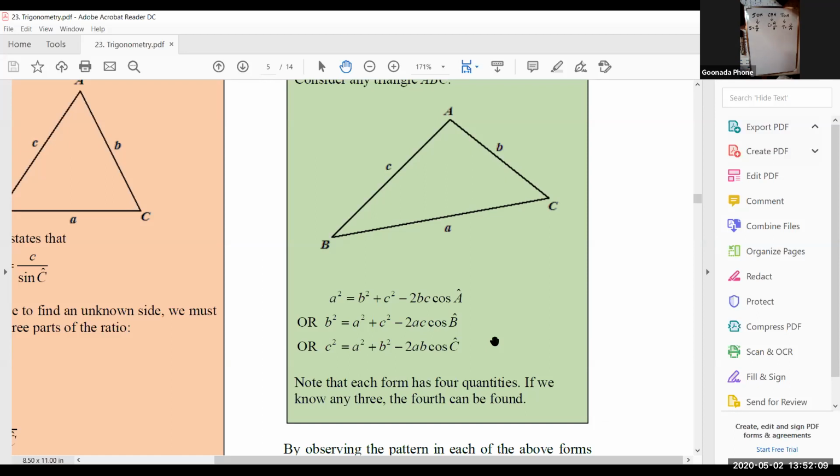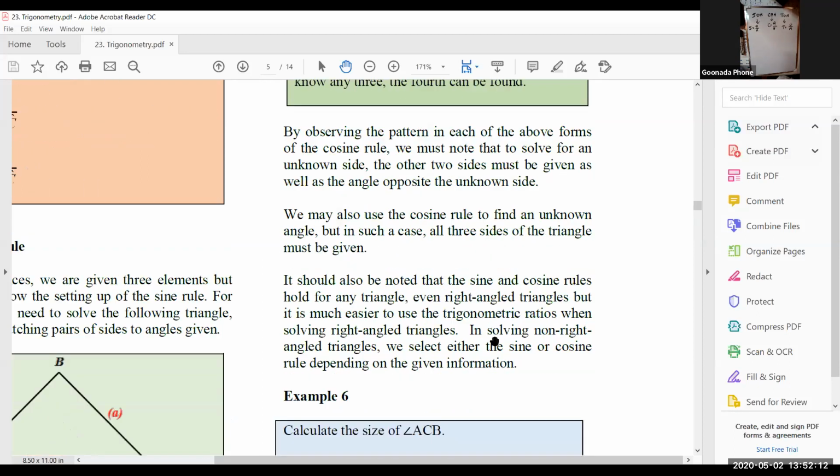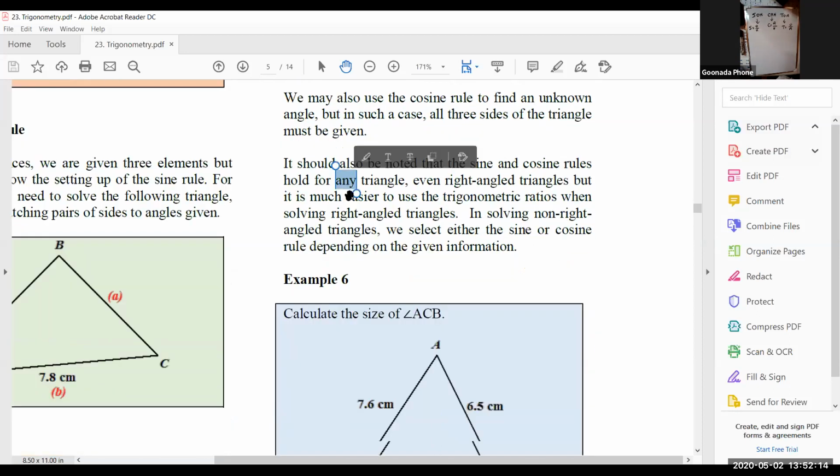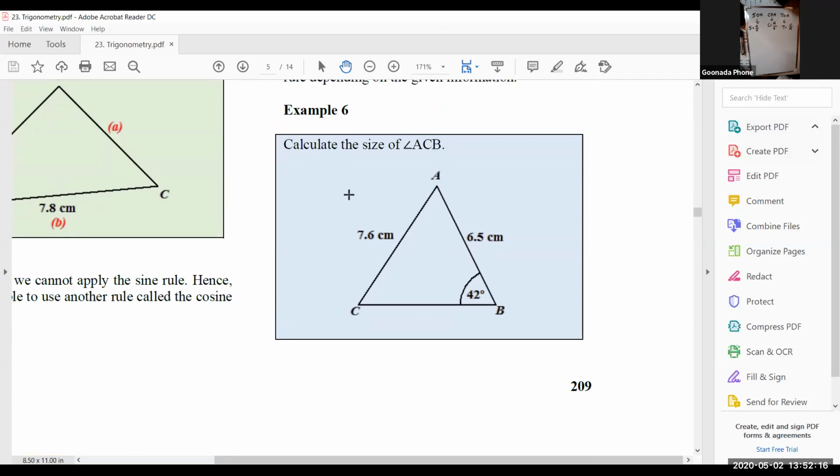Now let's look at an example here. Calculate the size of angle ACB. What do we do here? Which rule are we using?